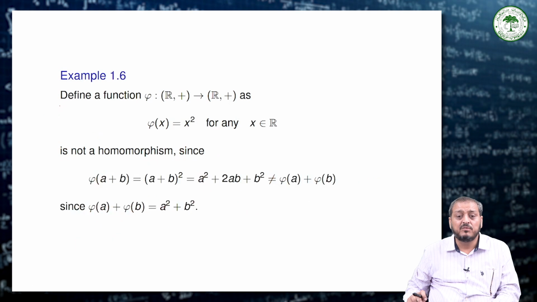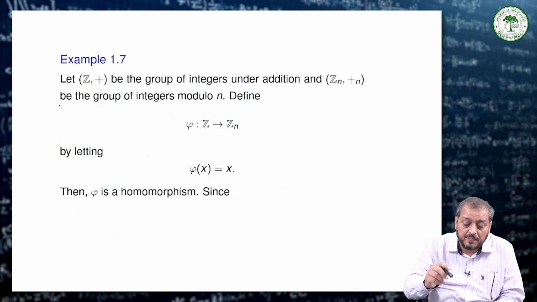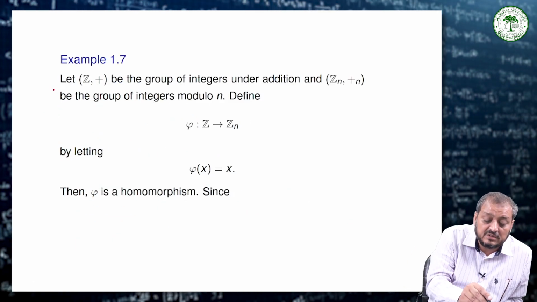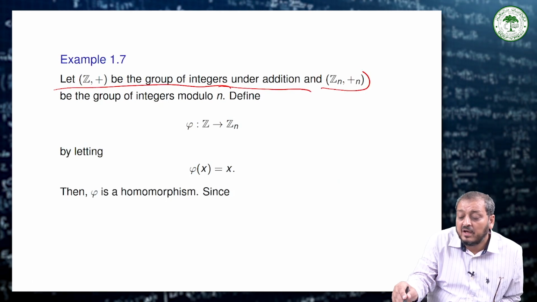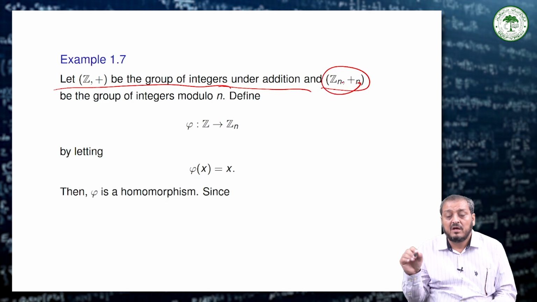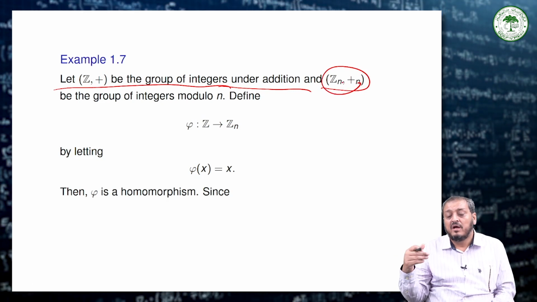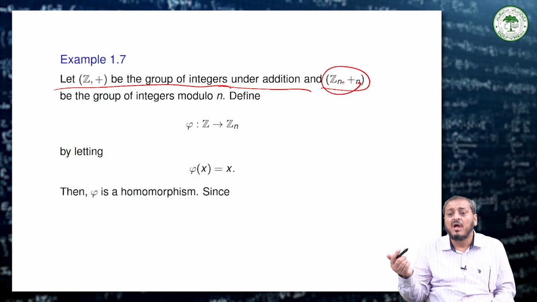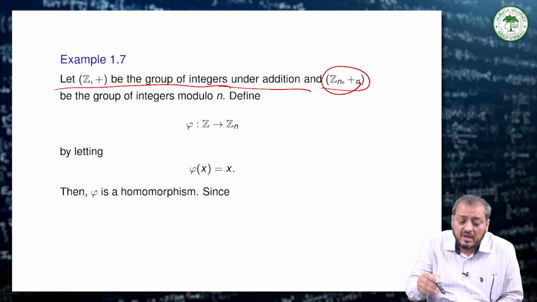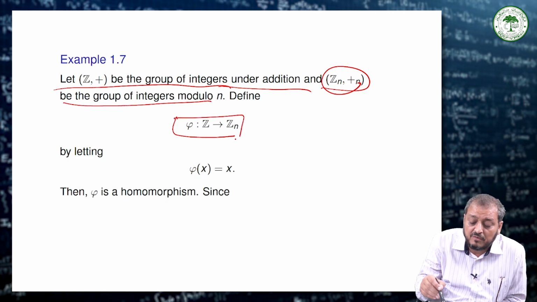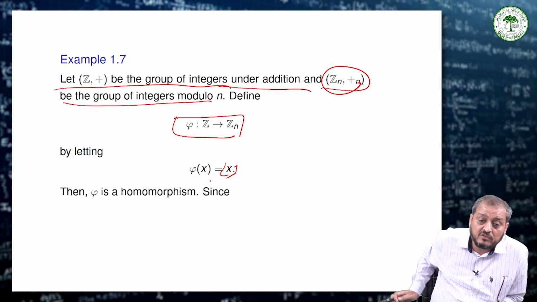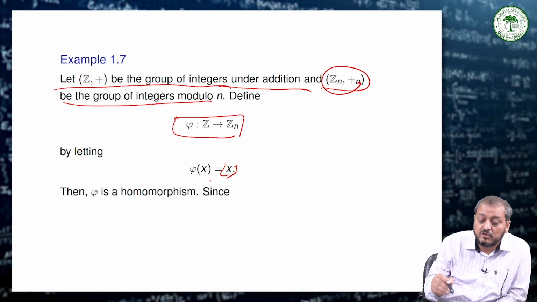Okay, so let's try some more examples. Let Z be the group of integers under addition, and Z_n be the finite group of integers under addition modulo n, and phi is defined in this form. Then phi is a homomorphism. Why is phi a homomorphism?